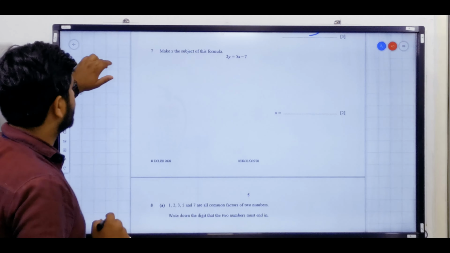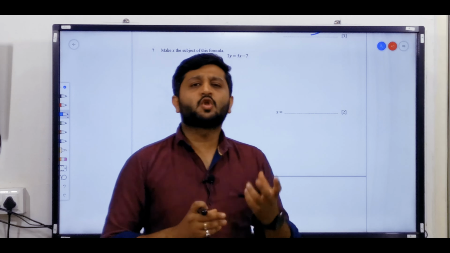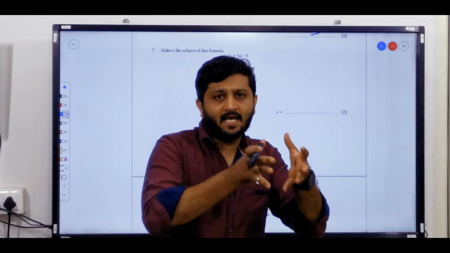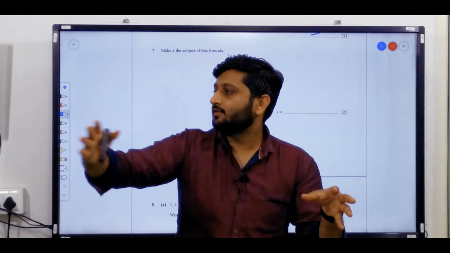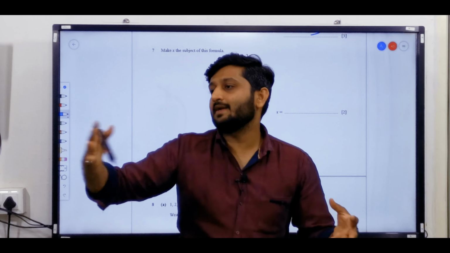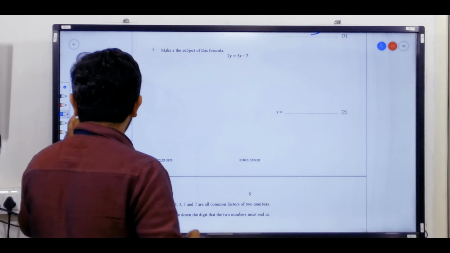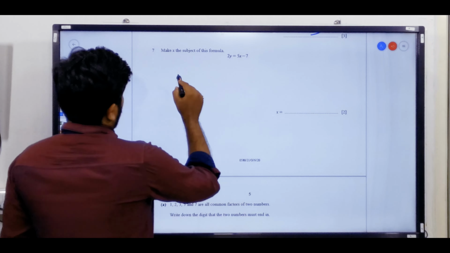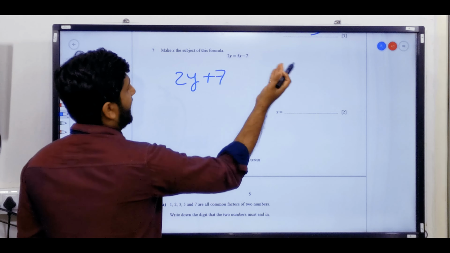Let us come to the next question. Make x the subject of formula. So what do you mean by subject of formula? Means that x should be at one side and all the other values or all the other constants should be at the other side. So let's try to separate x. So we'll first of all take 7 from LHS to RHS.